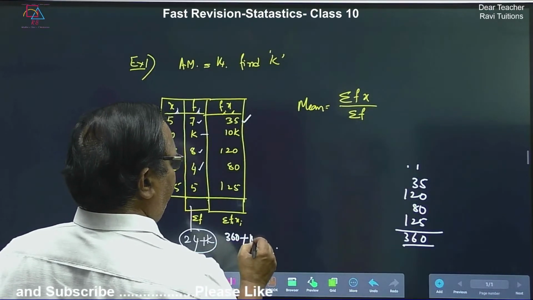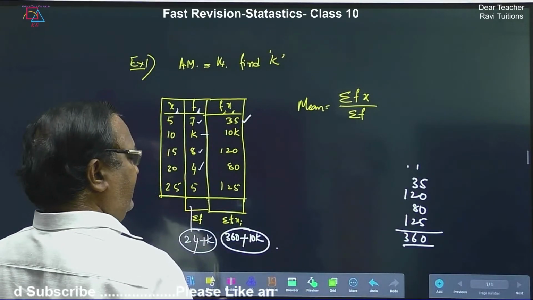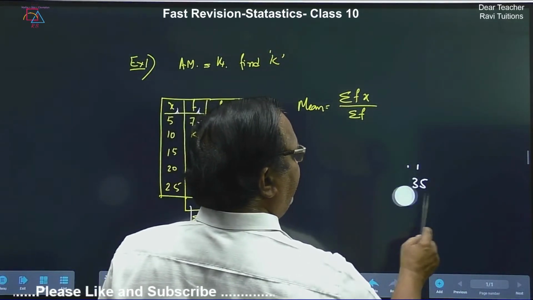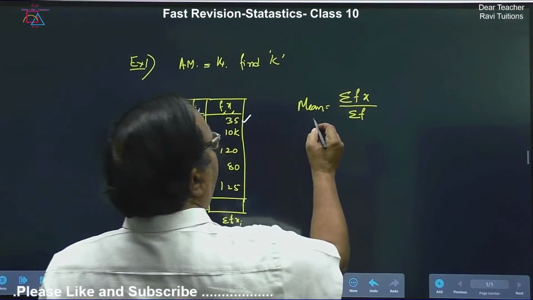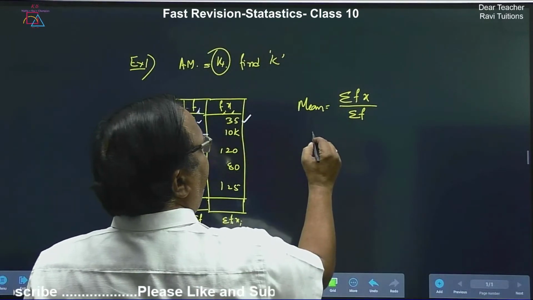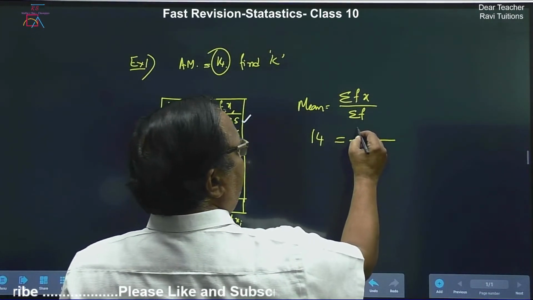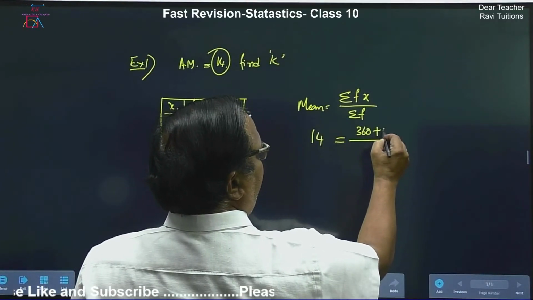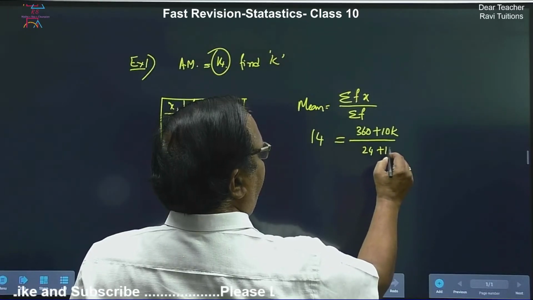plus 10k. This is sigma fi xi. Okay. So now we have got sigma fi xi. Now we got everything. Let us substitute this. Mean is equal to how much? 14 is equal to sigma fi xi, which is nothing but 360 plus 10k, over 24 plus k.